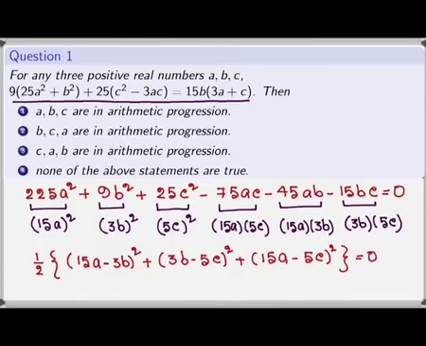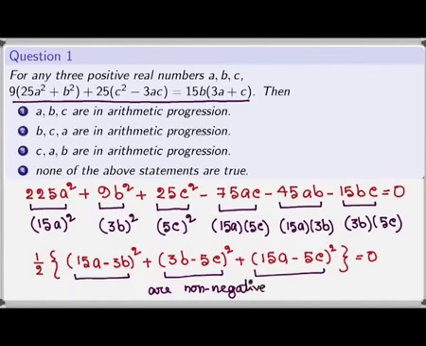We can see that all these three numbers are non-negative. We know that if the sum of three non-negative numbers is 0, then all of them are 0.